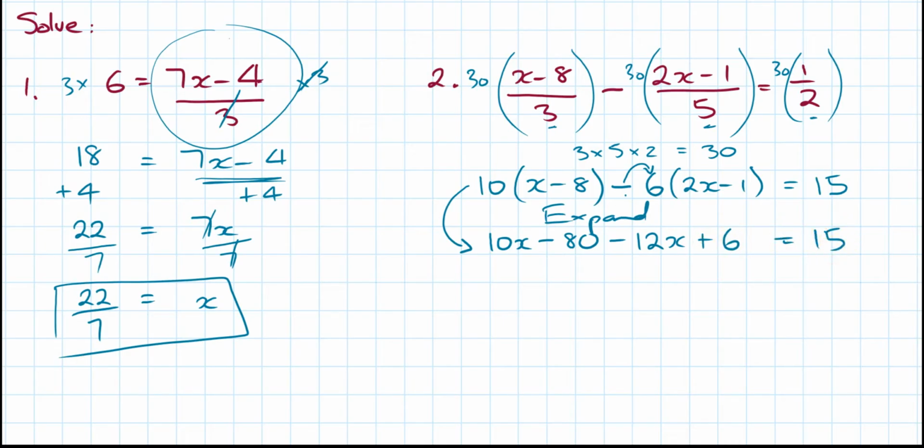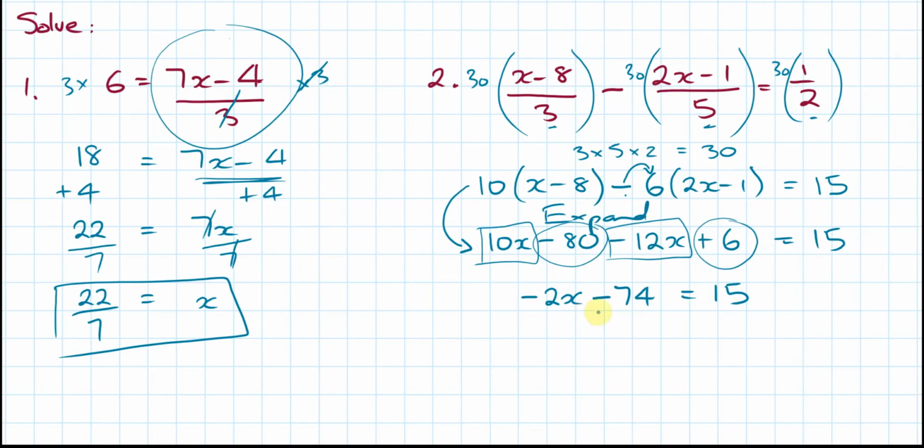Rewrite the rest of the equation. Then we're simplifying. So finding the like terms, I've got 10x minus 12x will give me negative 2x. And then I've got minus 80 plus 6. That will give me minus 74. That is equal to 15. Okay, now it's getting a little bit simpler.